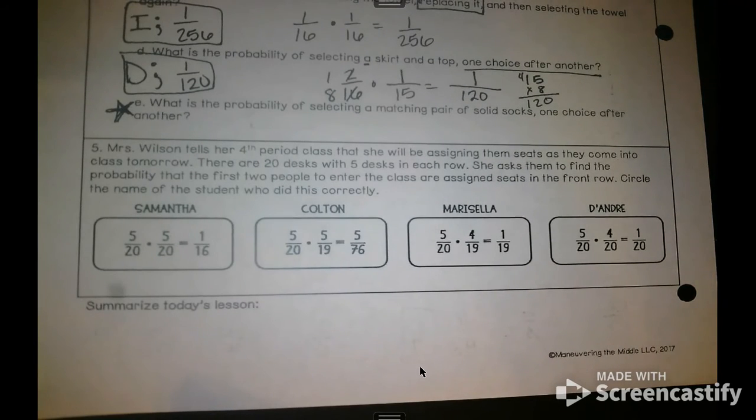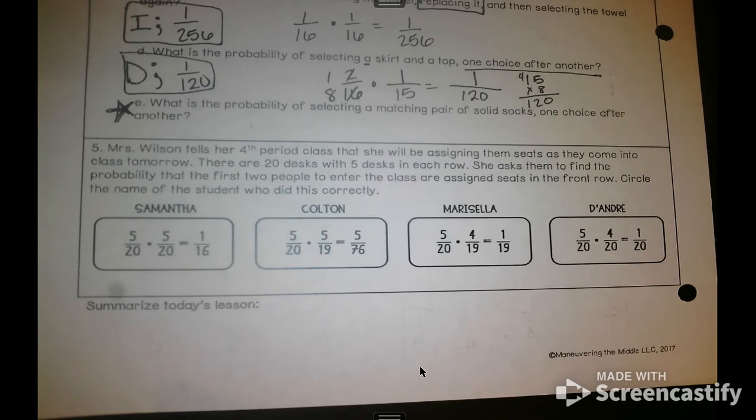I'm going to give you a minute or two. Wait, would the first one be like 2 over 20?